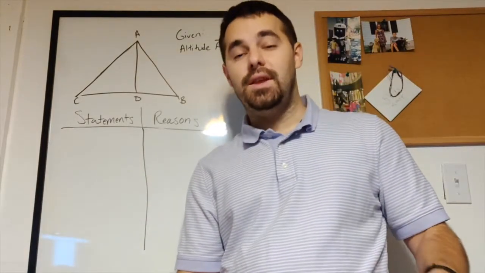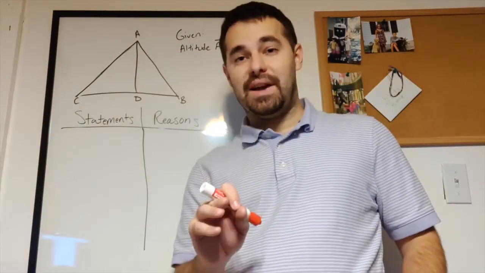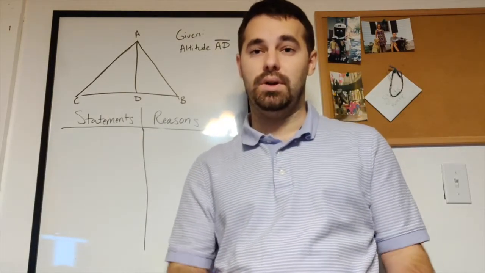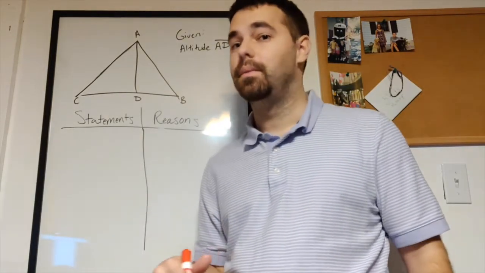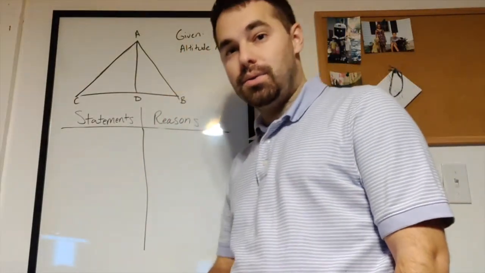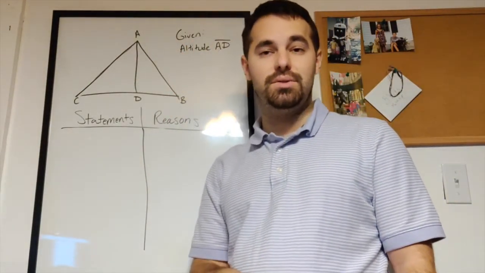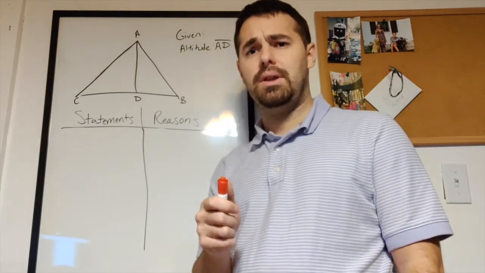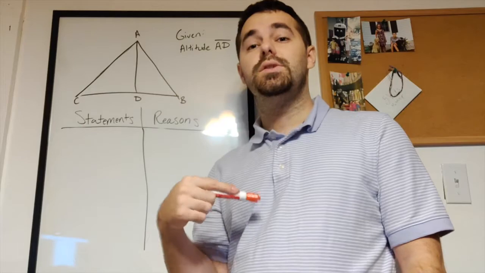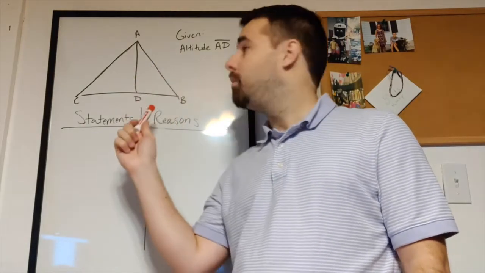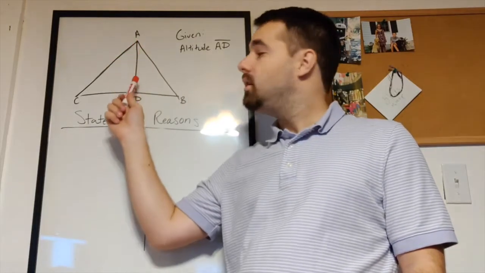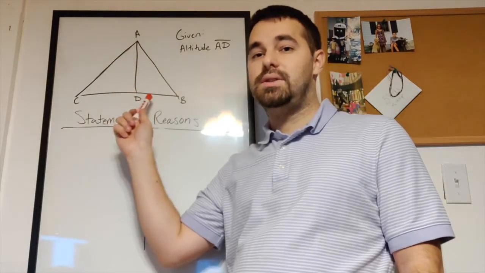You have made it to the finish line. This is the last one for the day, but please bear with me as it is a trickier one. So let's see what we can do. We're given altitude AD. We talked about altitudes earlier today, and a little bit yesterday, I believe. Altitudes are from a corner perpendicular to the opposite side. So right now we know AD is perpendicular to CB.